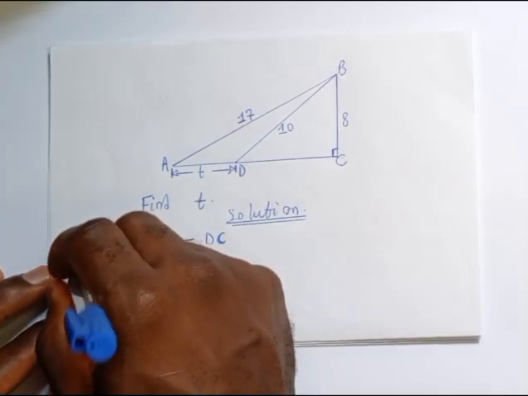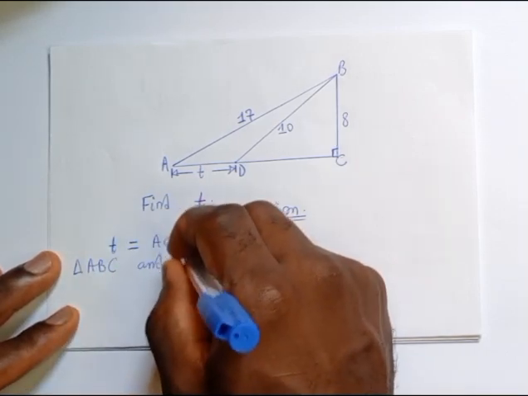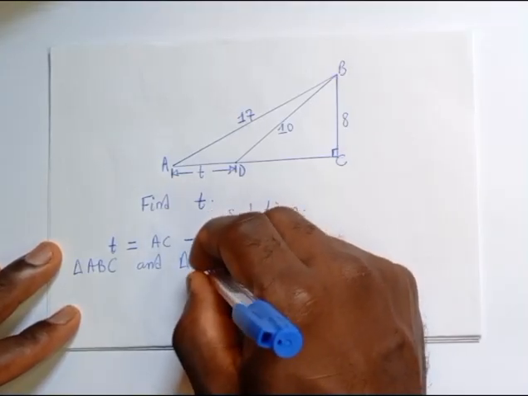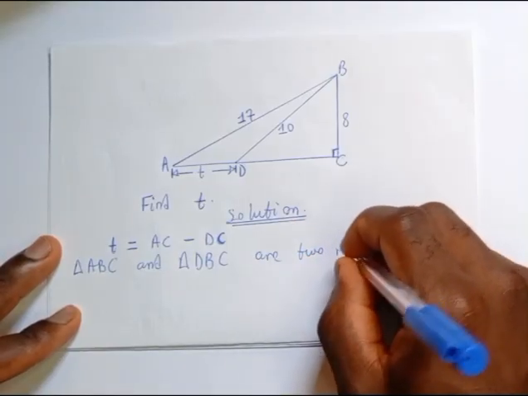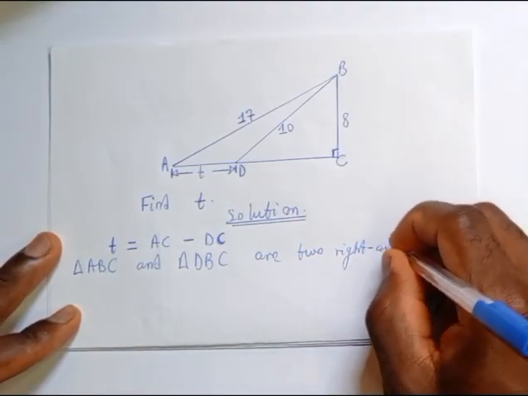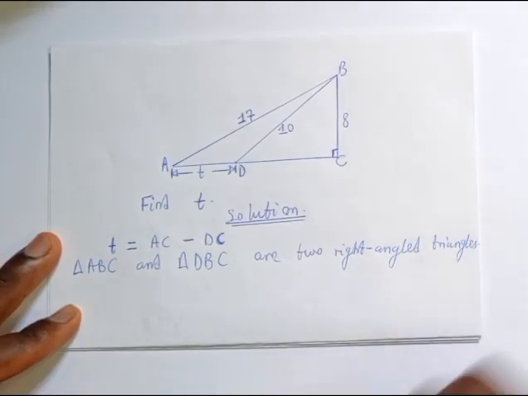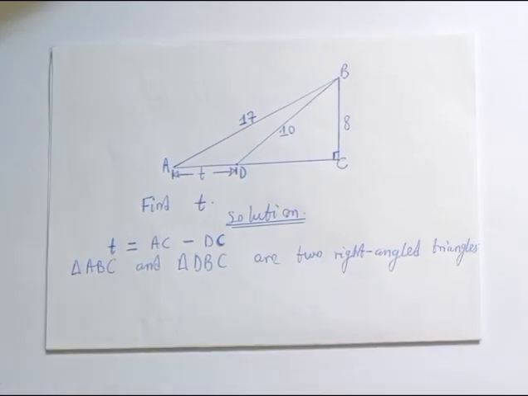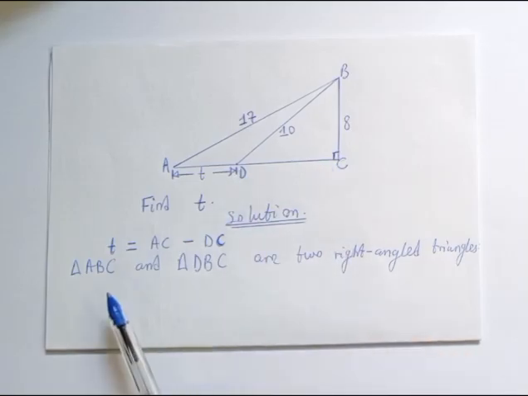Then we take this down: triangle ABC and triangle DBC are two right angled triangles. Since they are right angled triangles, it simply means we can make use of Pythagoras Theorem to find the sides AC and DC.